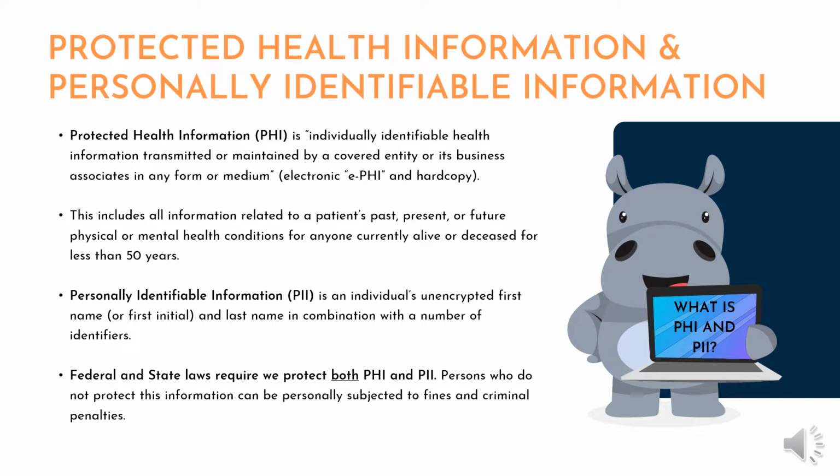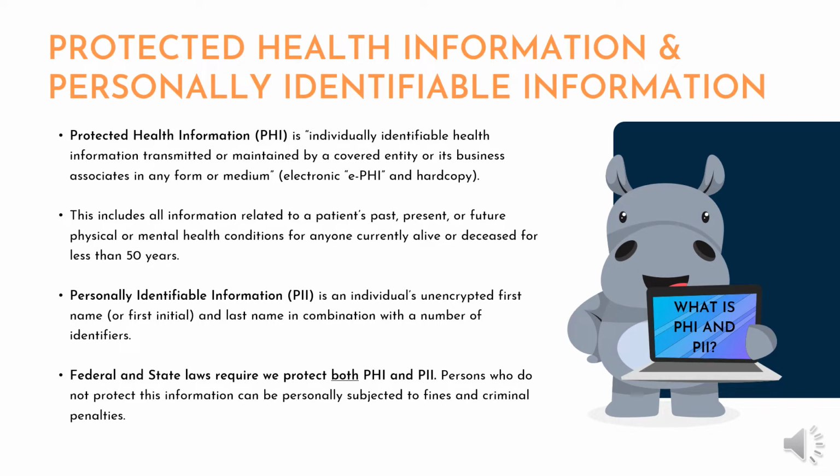PII becomes PHI when it is combined with health information. Protecting PHI and PII helps prevent identity theft as breaches can contain social security numbers, patient names, and other personal information. A formal breach assessment process is required by law and will be described in greater detail throughout this presentation. We will talk more about breaches later in this training.